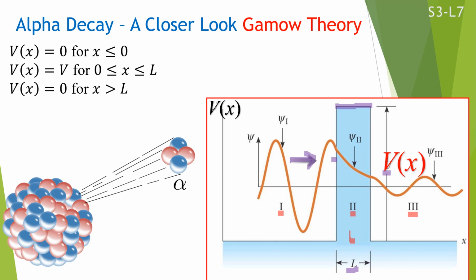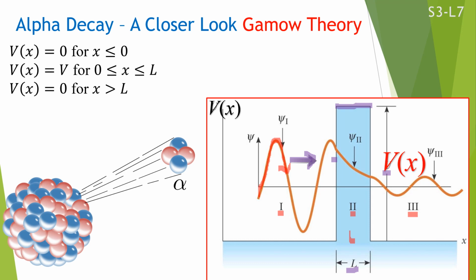This is the second region, in which the alpha particle is crossing the higher potential barrier, and the barrier width is L. And then the transmitted alpha particle enters the third region, where we are detecting alpha decay.